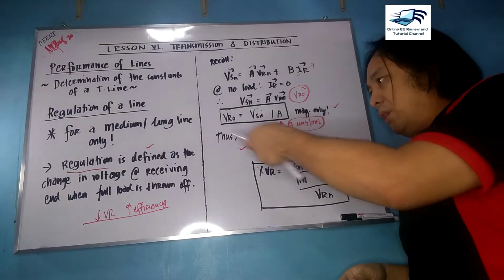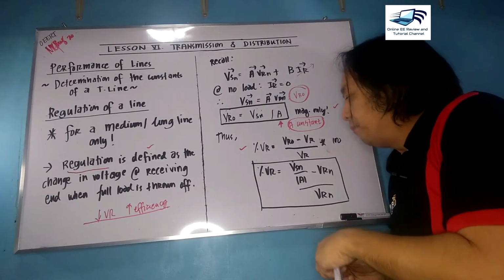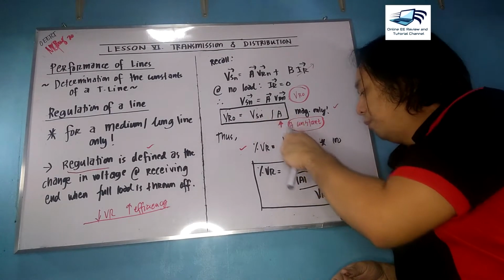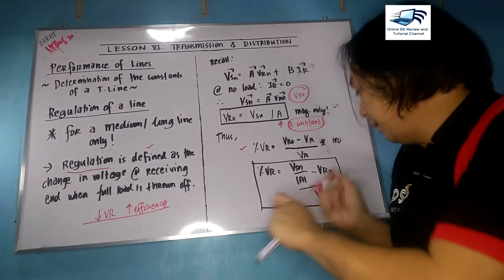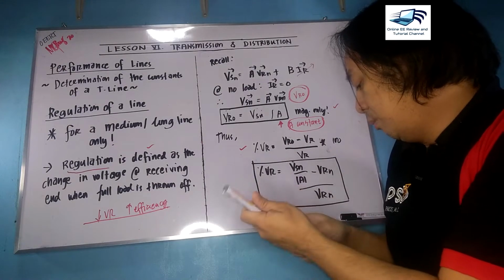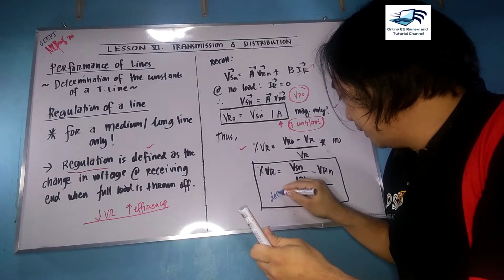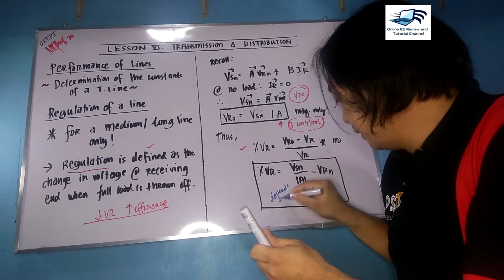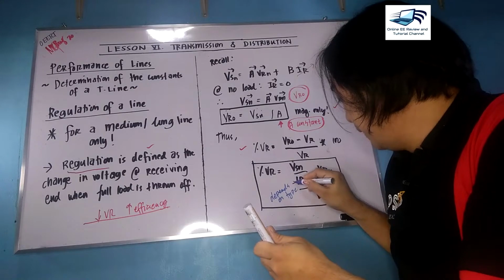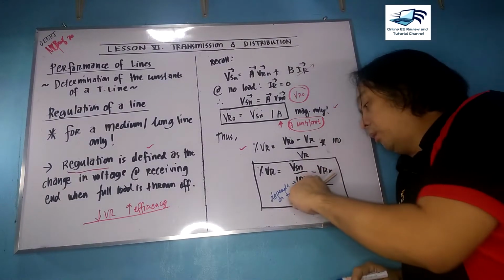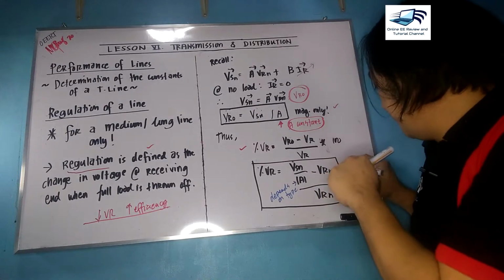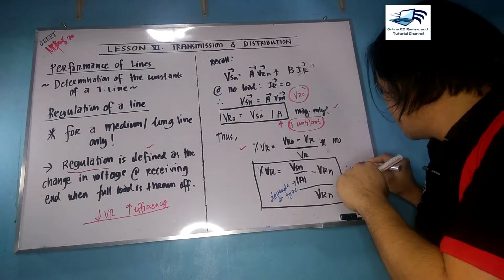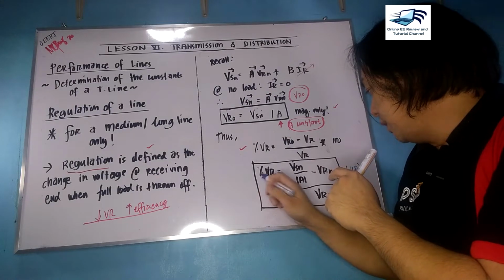Now, since we are considering here a medium or long line, VRO is VSN all over A, where your A here will depend on the type of the line. This magnitude of A minus VRN all over VRN, and then you multiply by 100%. So you will have a percentage value.